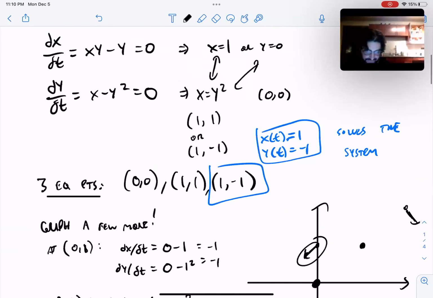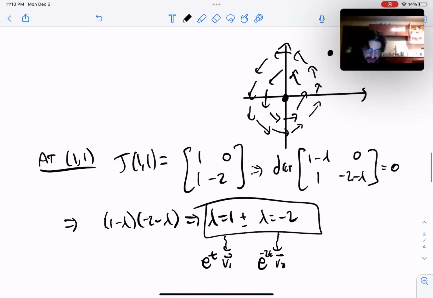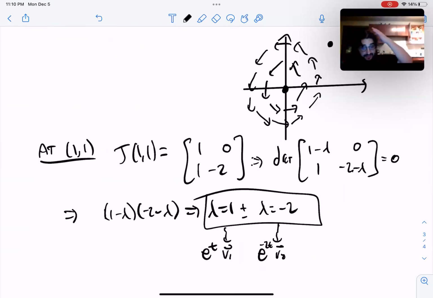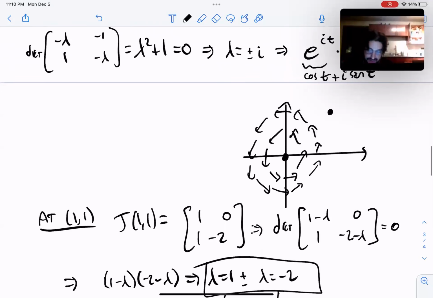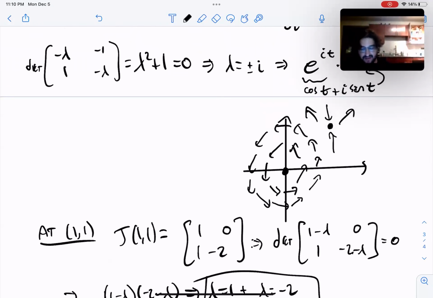Because it's e to the minus 2t, whatever happens on the v2 axis is going to shrink towards that equilibrium point, as opposed to what happens on the other axis, which is going to go away from it. And here I'm just lining up what that looks like against that rotation, right?